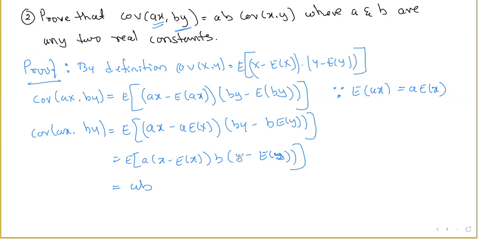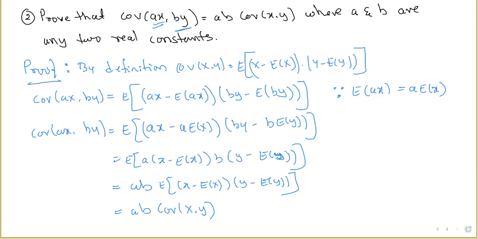So a into b, expected value of what are the remaining things? x minus expected value of x, y minus expected value of y. So this is nothing but a into b. So this is nothing but our definition. So this is nothing but covariance of x comma y, right? So this is one more simple proof. Covariance of ax comma by is nothing but ab into covariance of xy.